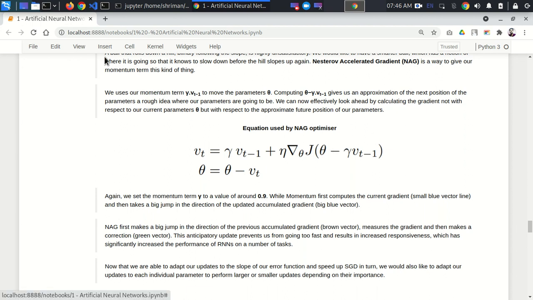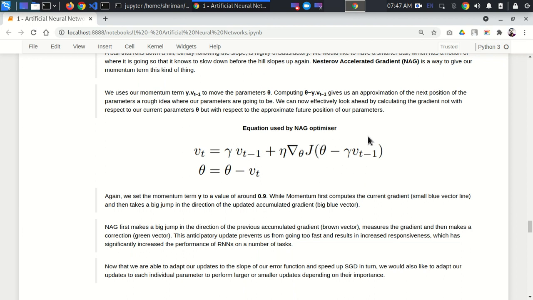They have subtracted this gamma into Vt minus 1 term from this theta. This theta is fine, there is no issue with it, but they subtract this gamma into Vt minus 1 term from theta, and this will be our loss function now.